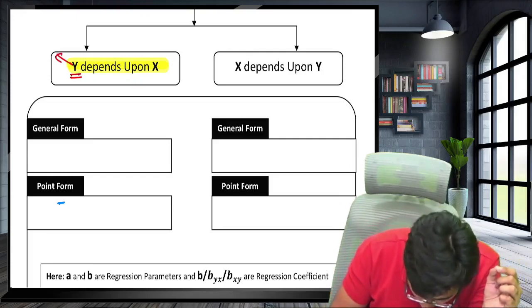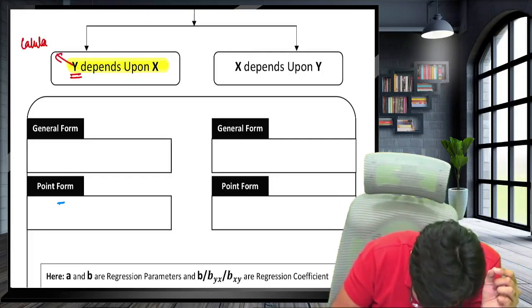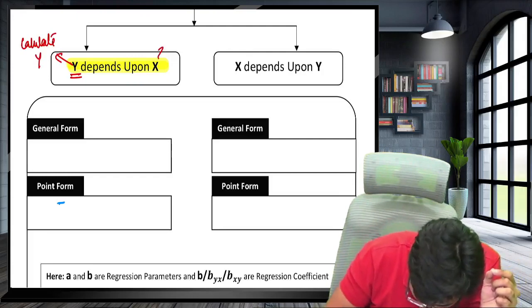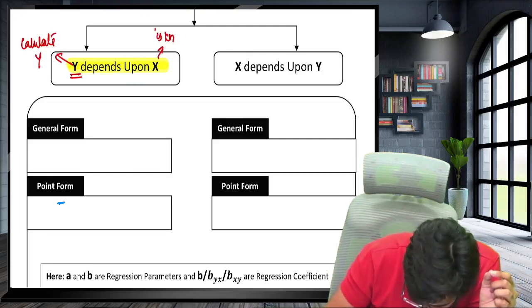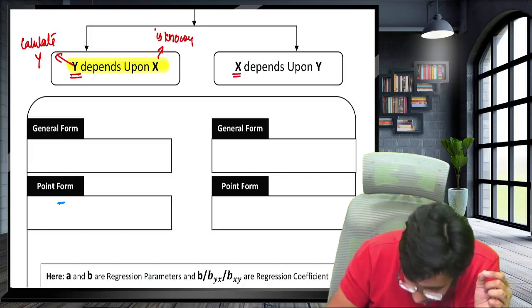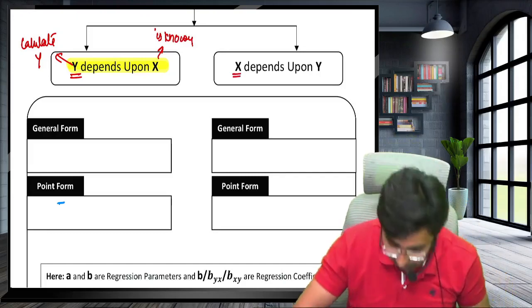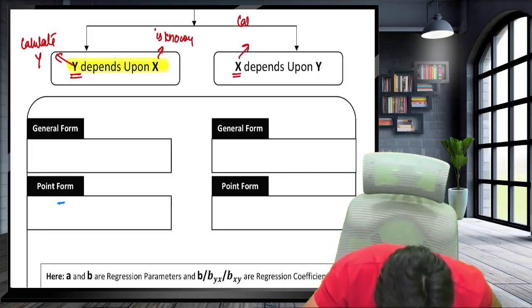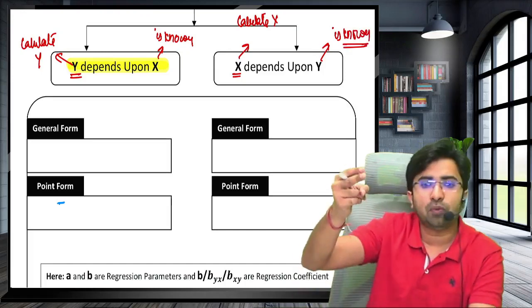Here I have to calculate y. X is known. And when you want to calculate x, here y is known.